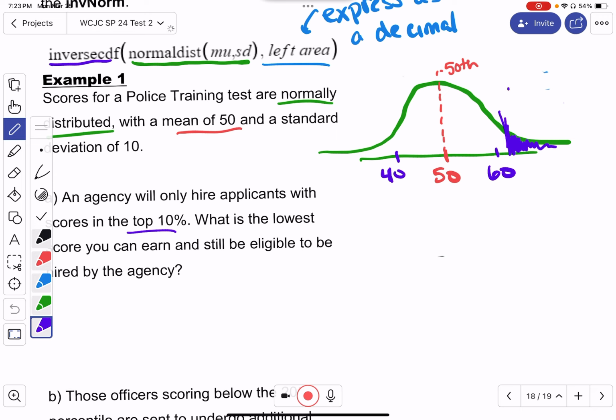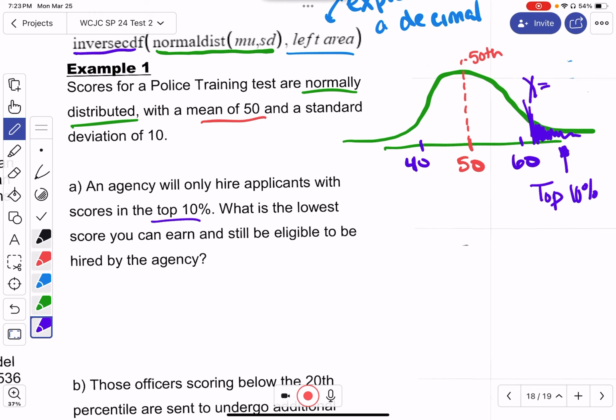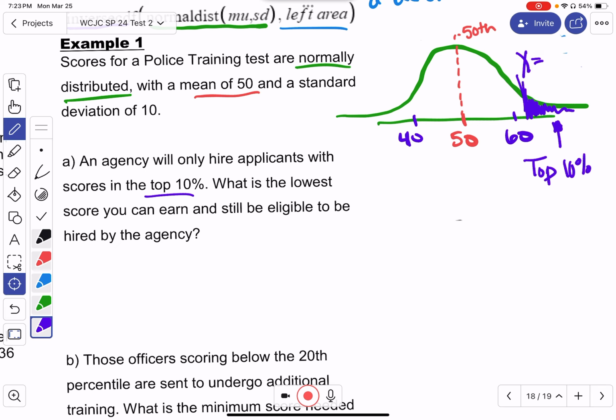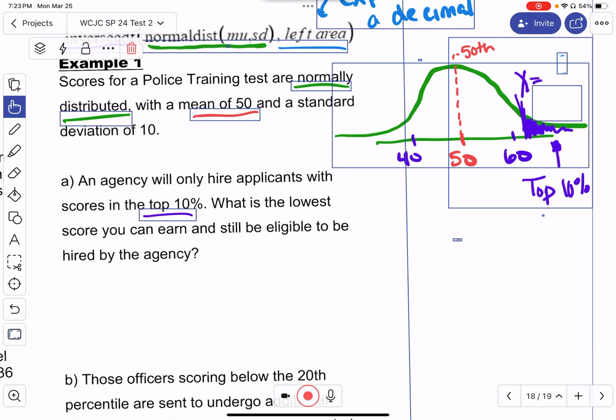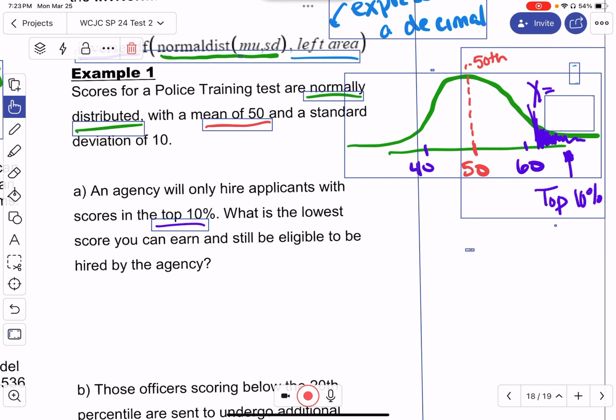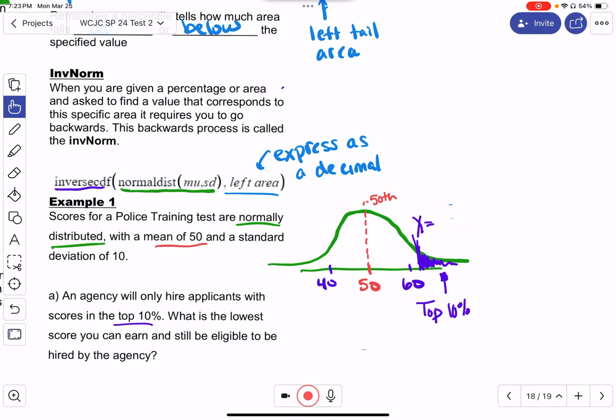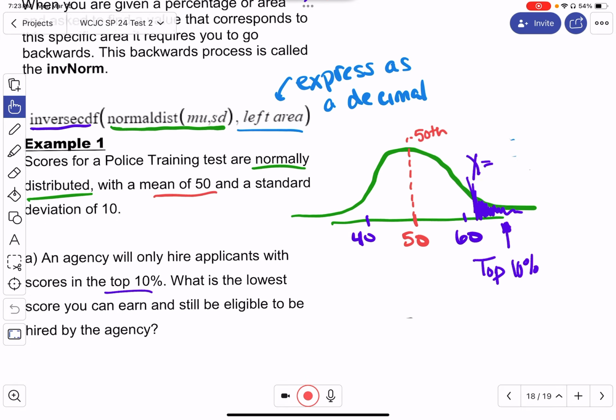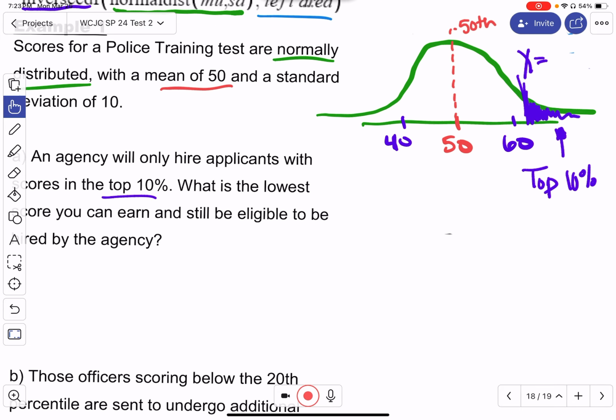So this is the value I'm looking for. Now, there's a problem. When we use this function, we can only find left tail area. Well, this is right tail area.